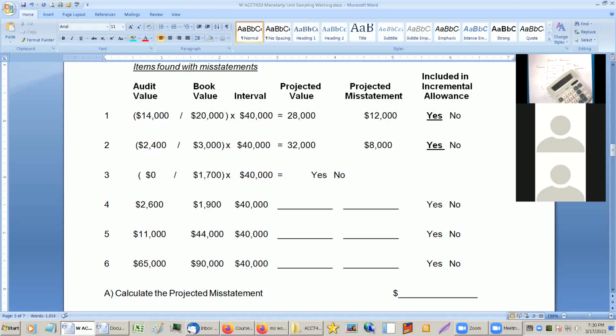But if it is truly a 0 and the book value is 1,700, and the 0 misstated by 40,000. Included in the incremental, yes, because 1,700 is less than 40,000.